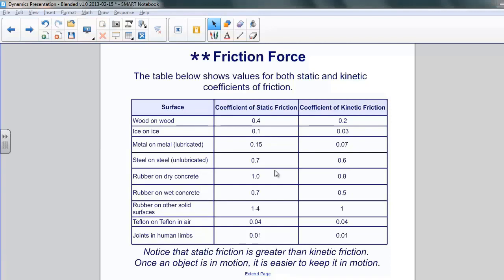But what's important to note here is that the coefficient of static friction, which we see here, is always somewhat greater than the coefficient of kinetic friction. Once the coefficient of static friction is overcome, once an object begins to move, you can see that it's easier to keep in motion because this coefficient is always less. The kinetic one is always less than the static one.